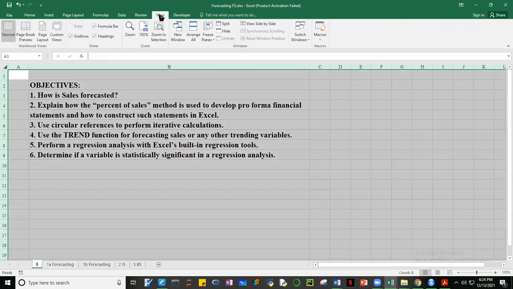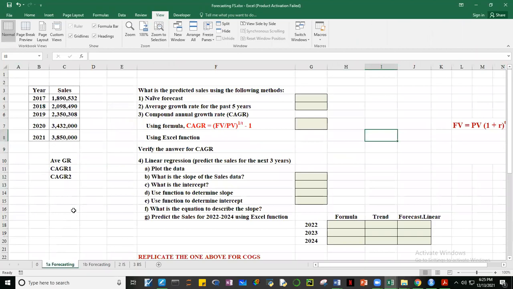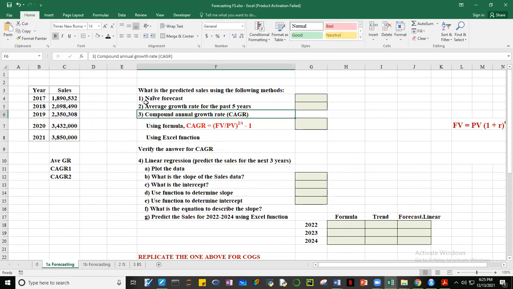So let's start our discussion with 1A forecasting. We're given the sales figures for 2017, 18, 19, 20, and 21.